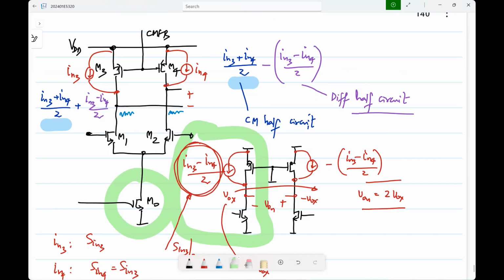So it will contribute only to common mode. Any other questions?